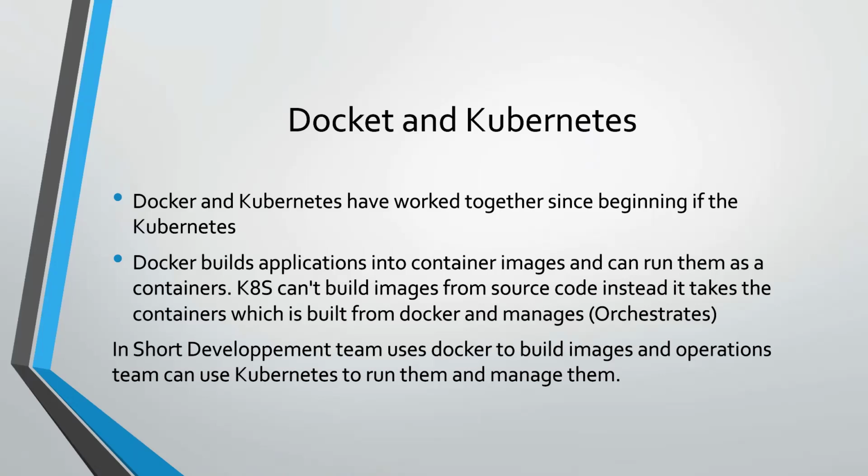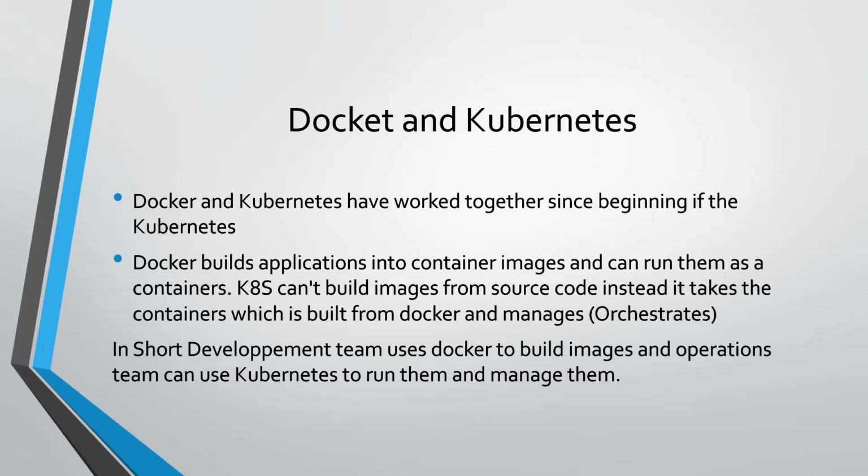Now, what is Kubernetes? Kubernetes will take that particular image and run it as a container. And once it is running, Kubernetes will take care of managing the containers. They should always be up, and they should scale up and scale down. Kubernetes takes care of everything. So up to the creation of the image, it's Docker's work.